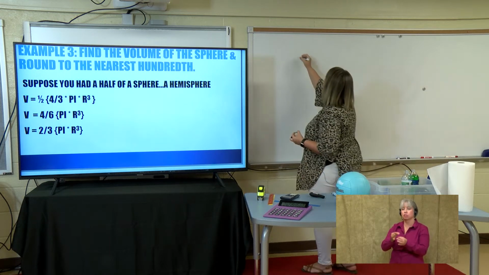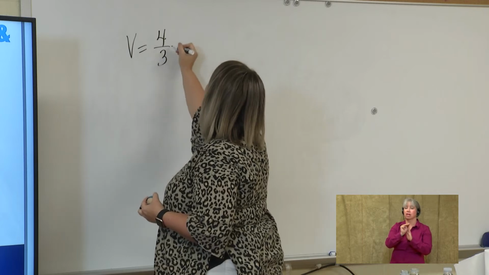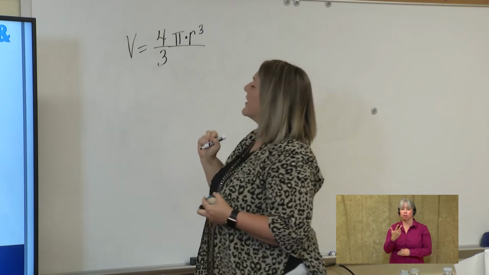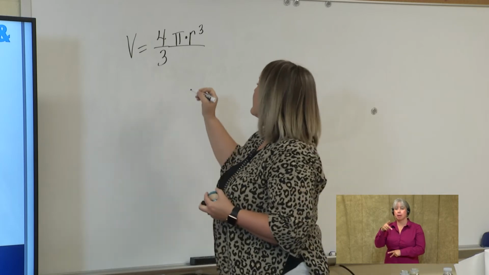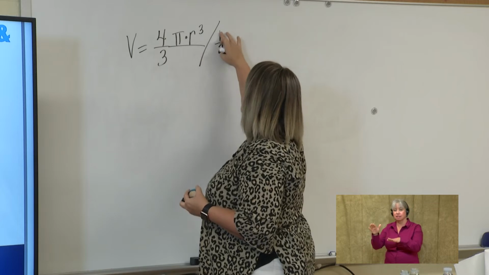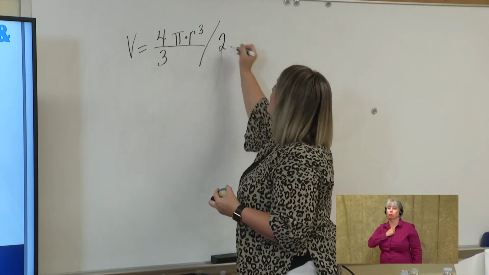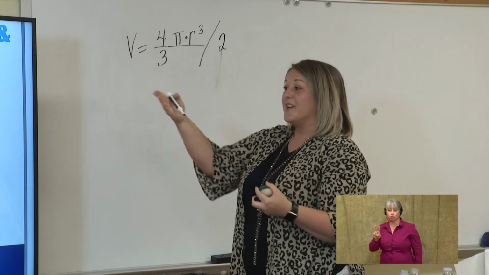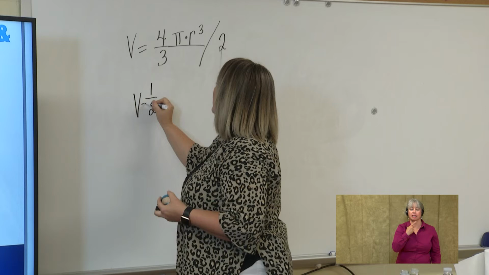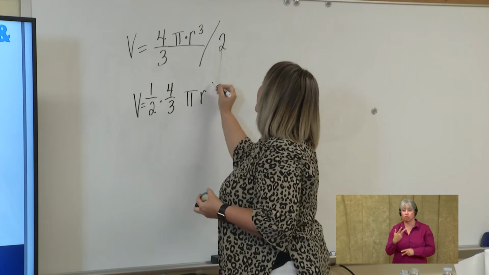So if I had the volume of a sphere, which I know is 4/3 pi times radius cubed, and then I want the hemisphere, which means I'm going to have to divide by 2. I have to multiply by 1/2, then I could say 1/2 times 4/3 pi r cubed.